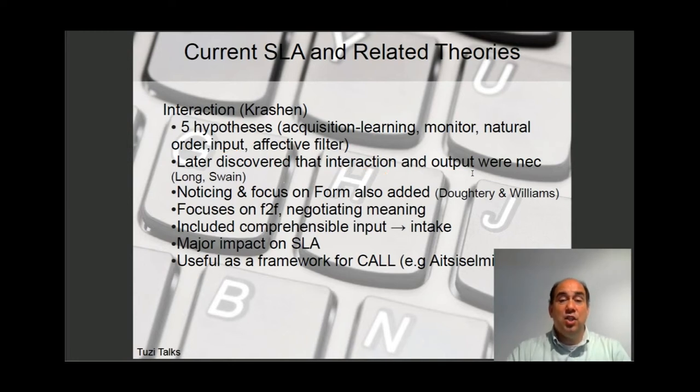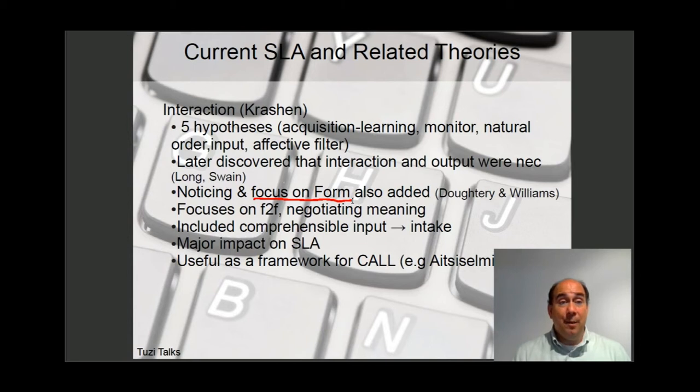In addition to the interaction and output, Doughty and Williams found out that they needed noticing, and they also needed a focus on form. He described that to be an actual focus on the grammatical elements or the morphological elements.